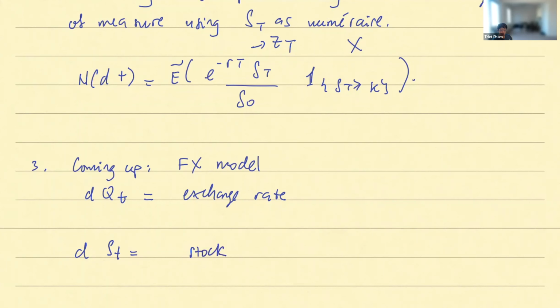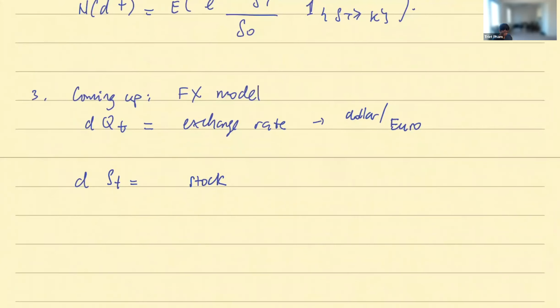So what's the idea? The exchange rate will be something like the price of euro, dollar per euro, let's say. So of course, the price of euro in dollars. Anyway, the story will come up where at some point you want to do something like this.